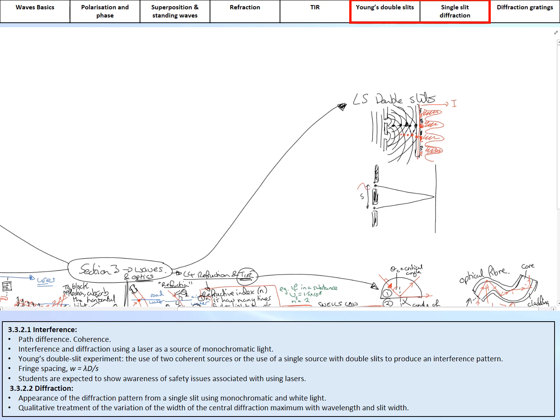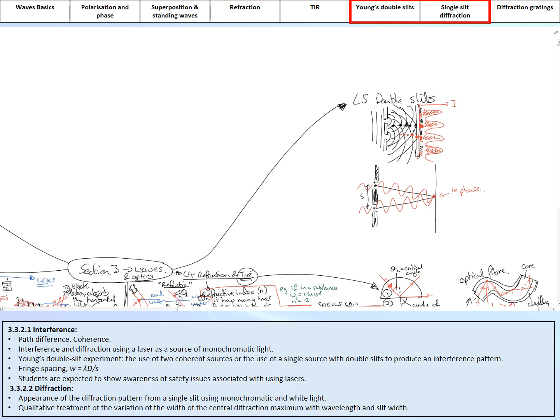So if the waves arrive in phase here, then when they reach the screen, they will be in phase here as well. And we get a bright patch.